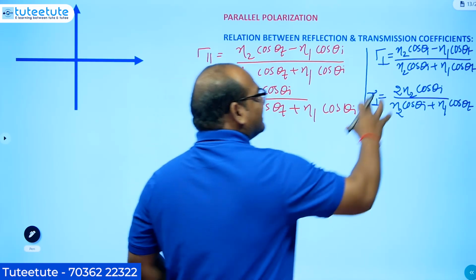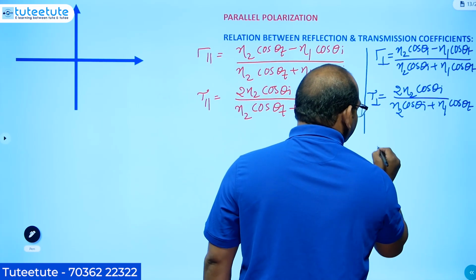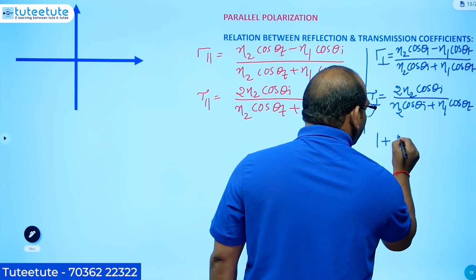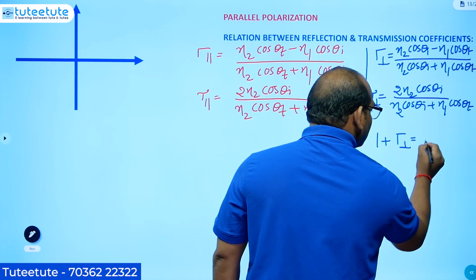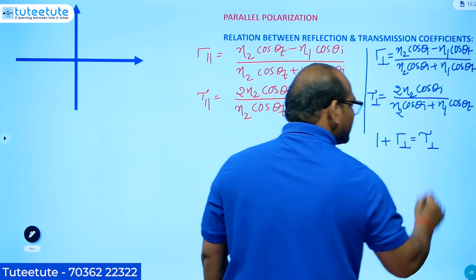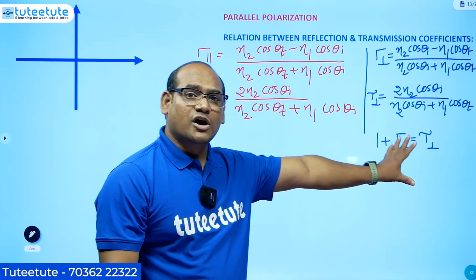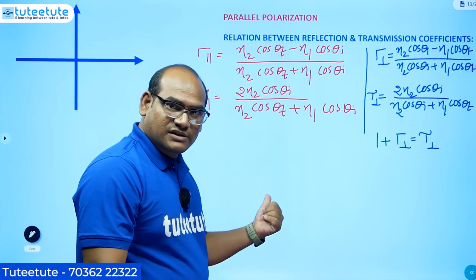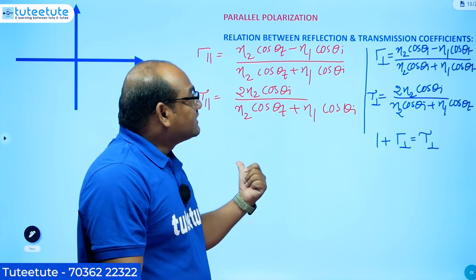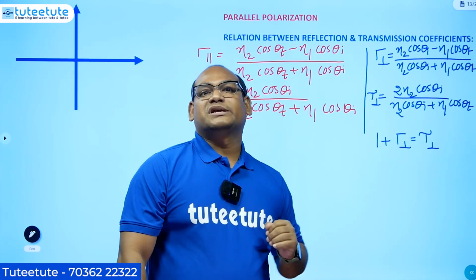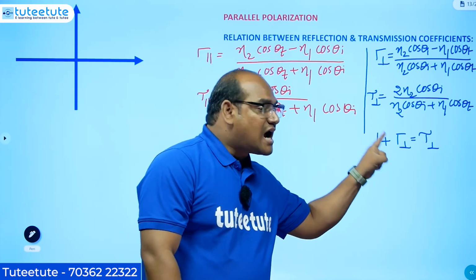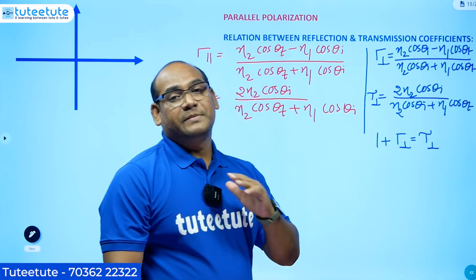Next thing is, in case of perpendicular polarization, already we have proved that 1 plus gamma perpendicular is equal to tau perpendicular. This is what already we have proved. Now we will check whether it is true or not in case of parallel polarization. At the time of perpendicular polarization, I said that this is not followed in case of the parallel polarization.